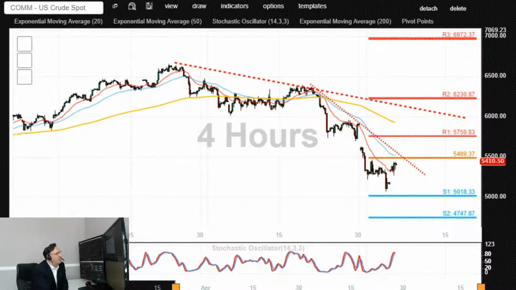Crude oil appears to be under pressure as well, as indicated by this falling resistance trend line. We have a sequence of lower highs. The price is capped by the 50 period moving average and also the 200 period moving average in the 4-hourly time frame. This falling resistance trend line is the daily falling resistance trend line, pointing to a major resistance area at $60 per barrel, which is a psychologically important round number.